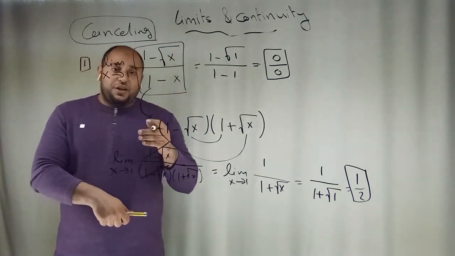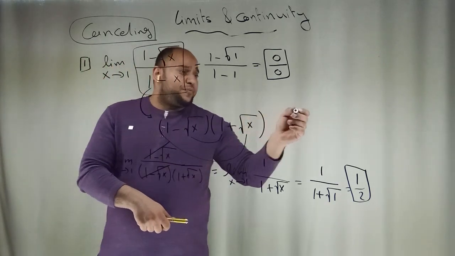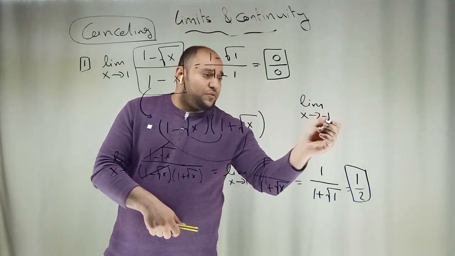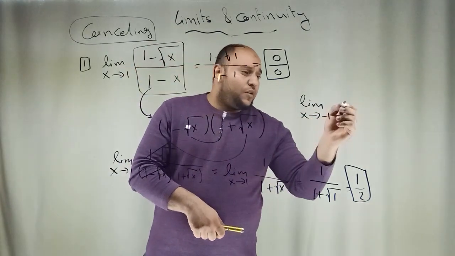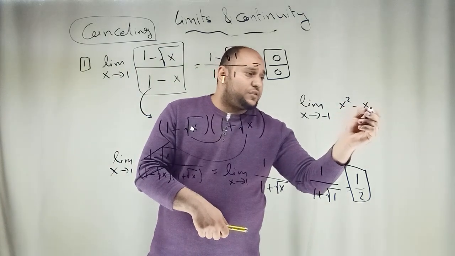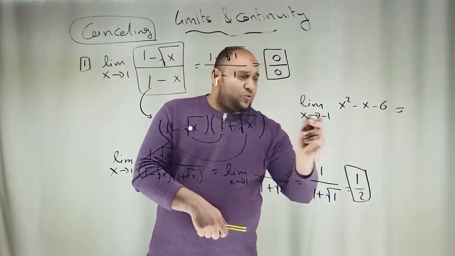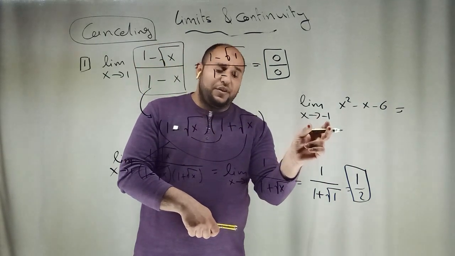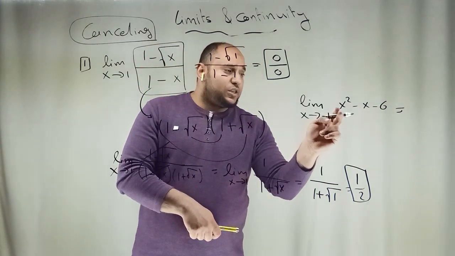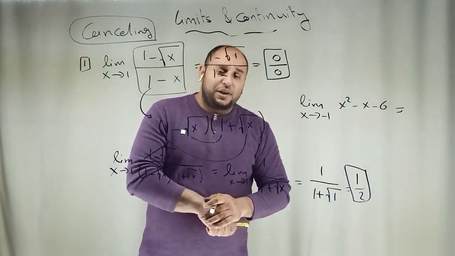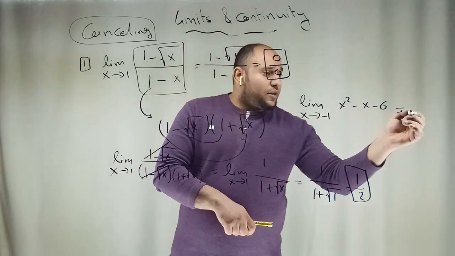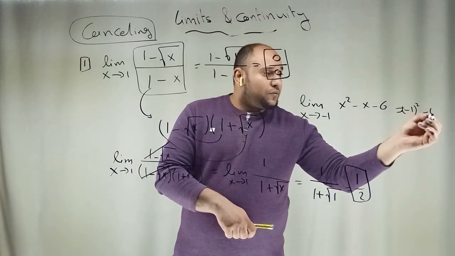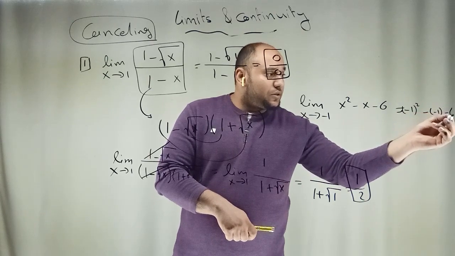For a polynomial function, if I give you the limit as x approaches -1 of x squared minus x minus 6, the first step is to take the value x approaches, -1, and replace x with it to find the limit. I have direct substitution: -1 squared minus (-1) minus 6.